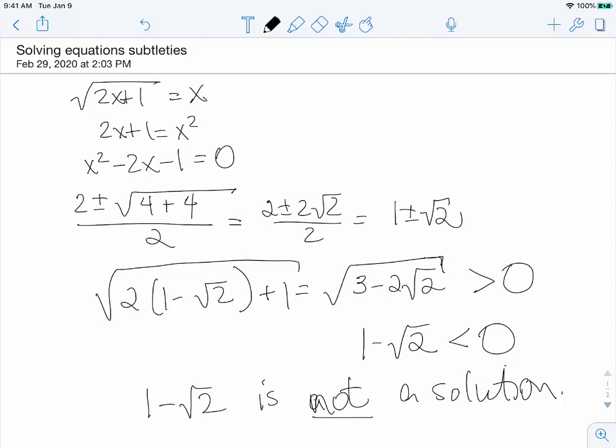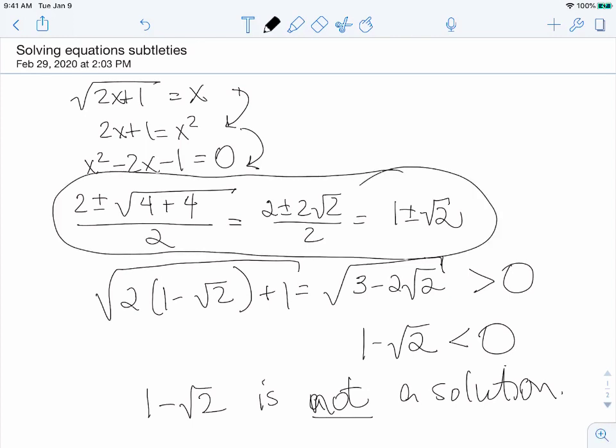That is the question I want to address with the rest of this lecture. Okay, so let's backtrack and go to the origin. Which step here, from here to here, from here to here, or the computation of these roots, which step could there possibly have been an error that gave us the non-solution?